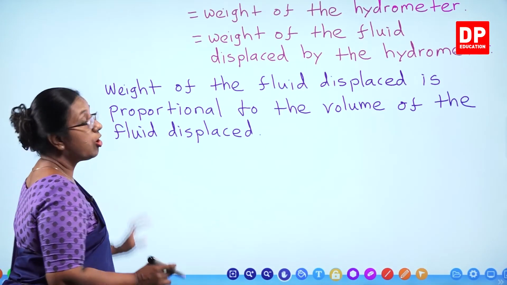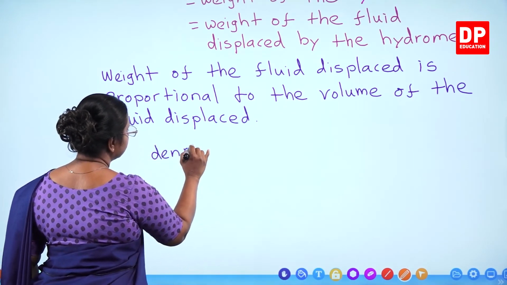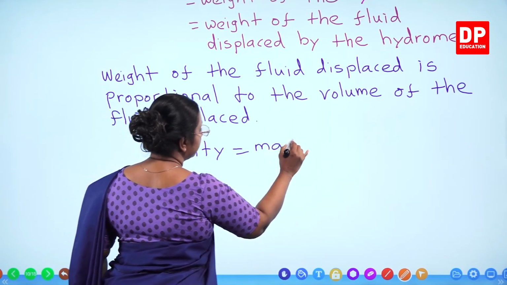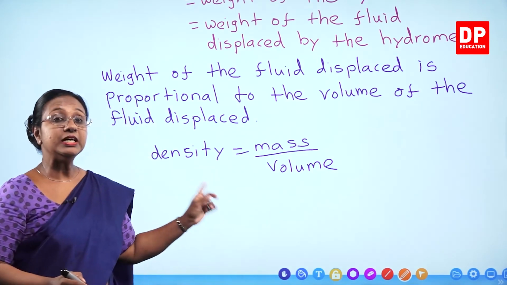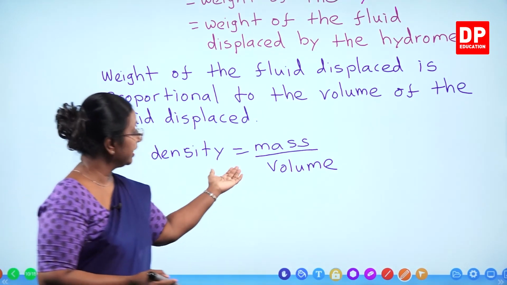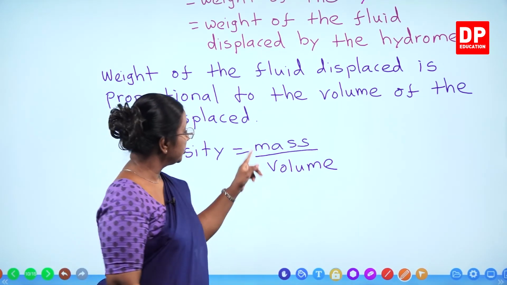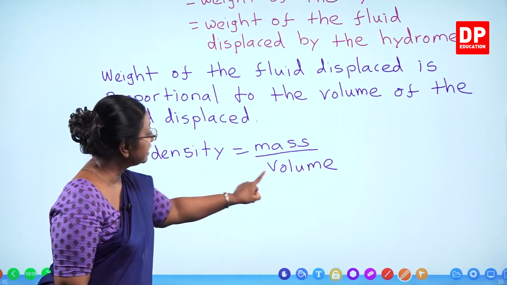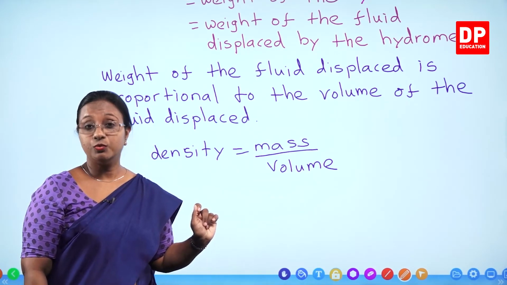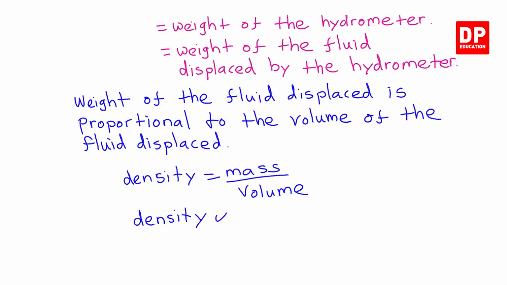Why? You all know the equation, students. What is density? Density is mass over volume. So here, weight is related to mass times gravitational acceleration. So there, if you want to have the mass constant, then what happens? Density is inversely proportional to volume. So there you get the relationship. Density is inversely proportional to volume.